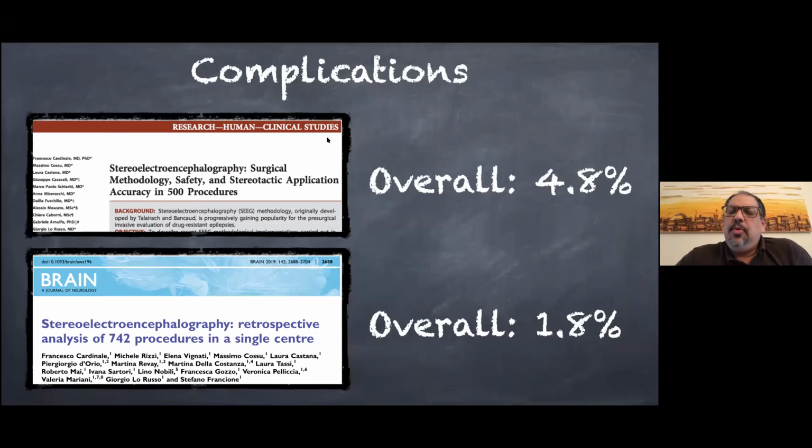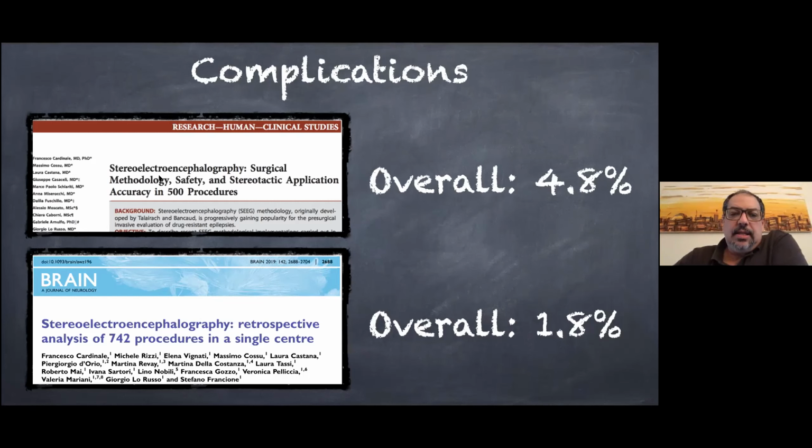And I want to conclude with this concept. In 2013, in this very well-cited paper we published, we mentioned an overall rate of complication of 4.8%. In the last paper 2 years ago, we reported 1.8% of complications. What happened?